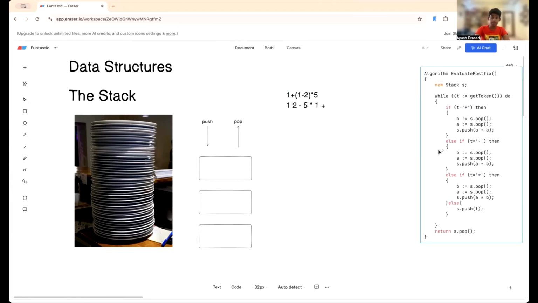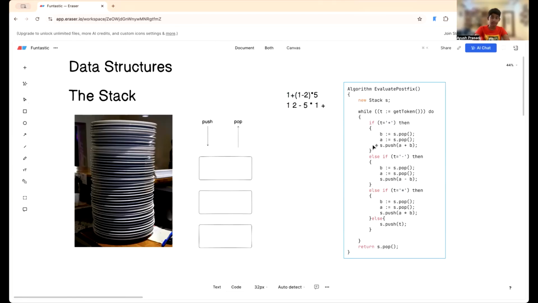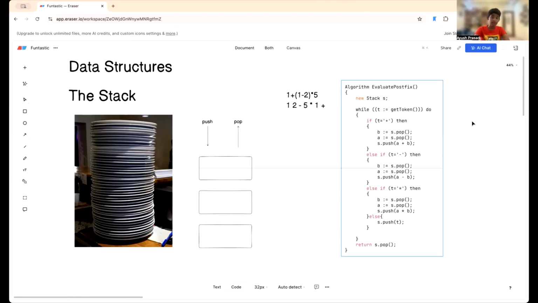Look at this simple program here. It might seem large, but once you understand what's in it, it becomes quite simple. We declare a new stack S, and we're not too bothered about how a stack is actually implemented at the lowest level in memory. We just declare that we have a stack S. We also declare this function called getToken.